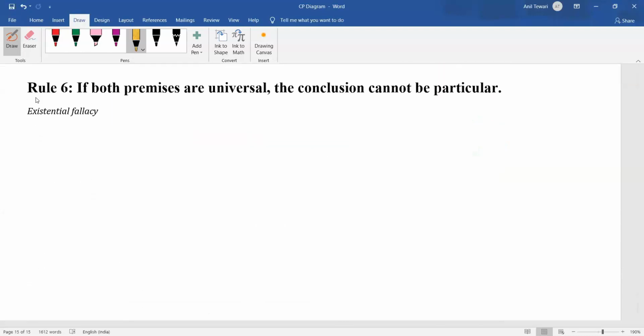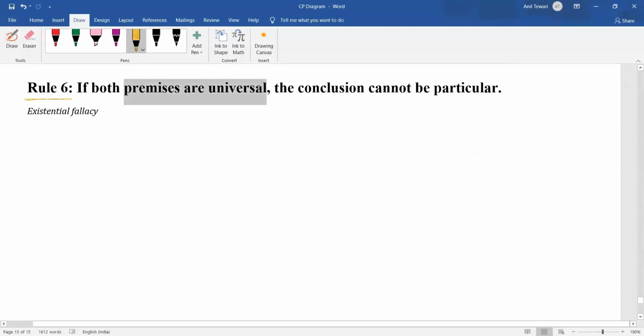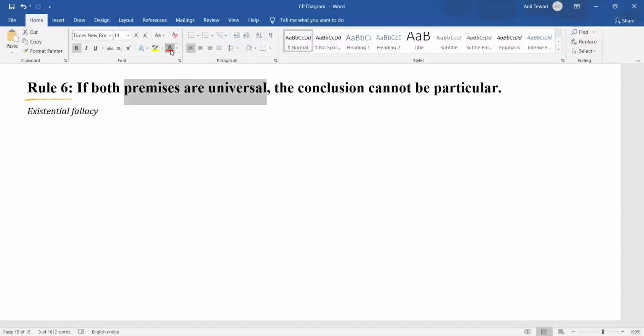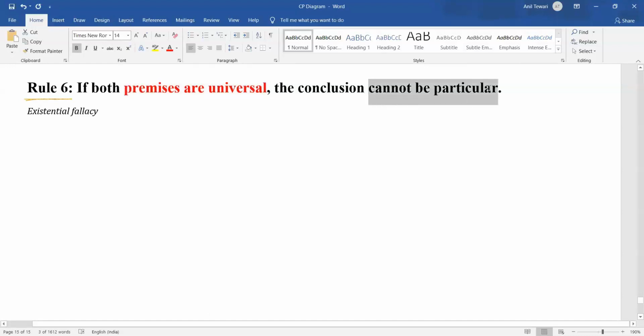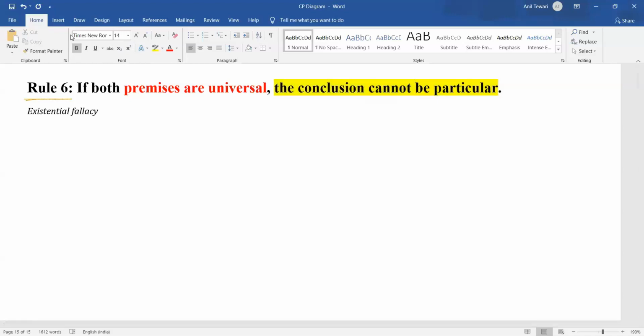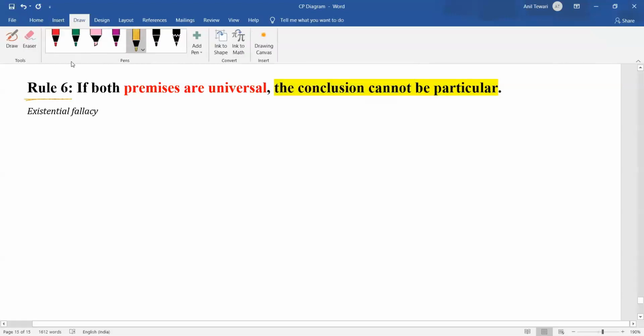Then the last rule, rule number 6, says that if both the premises are universal then we cannot derive a particular conclusion. If both premises are universal, they cannot produce any conclusion which is particular. So you can take an example for this also.